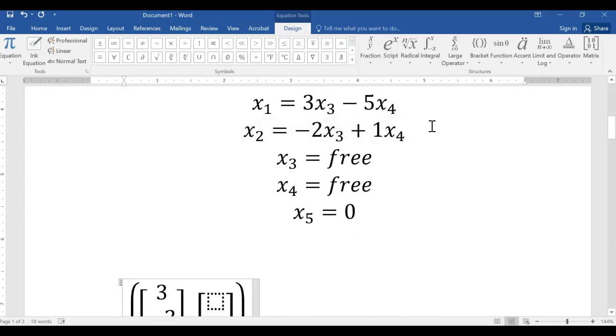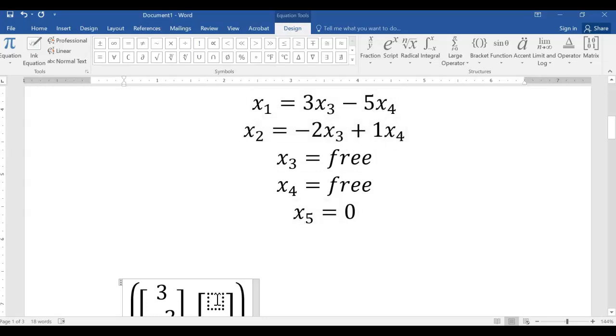The second vector that we're going to use is going to be negative 5, 1, 0, 1, 0. Again, that's when I let x4 be 1, and then I let x3 be 0. So it gets rid of the x3 terms, and then I just put a 1 in for x4.